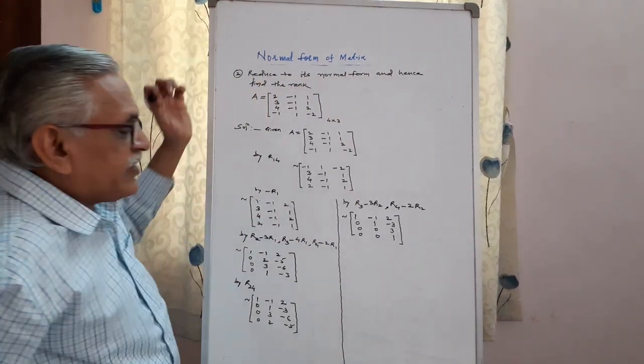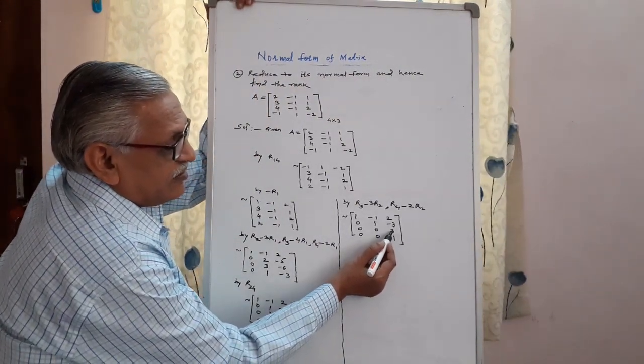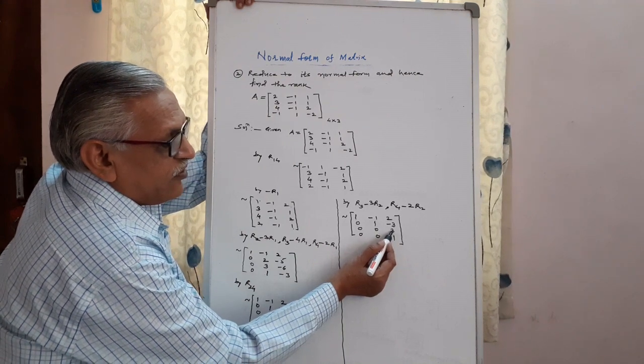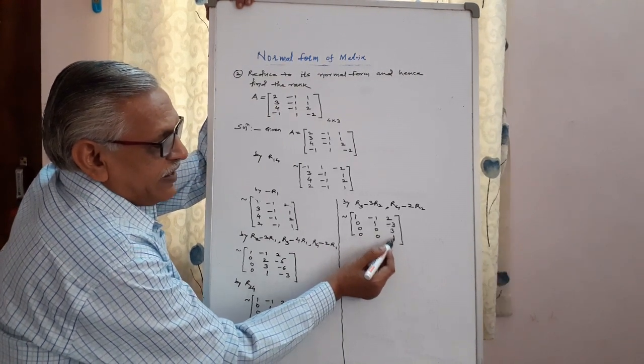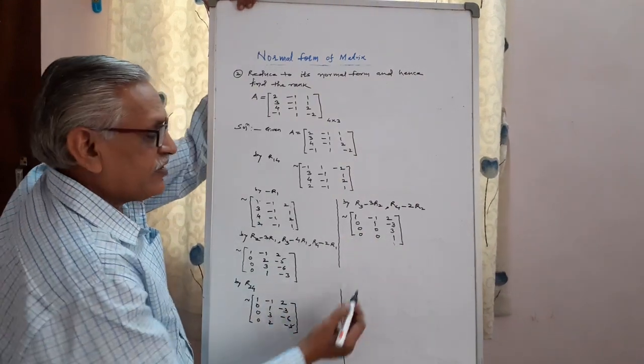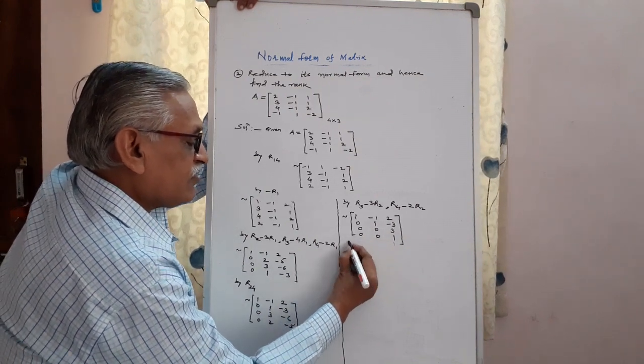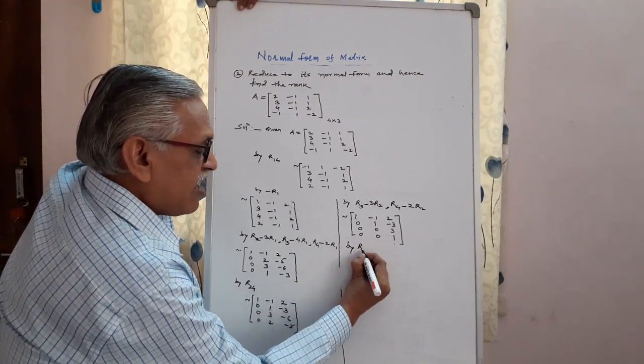Then make the third diagonal element 1, either by interchange or by multiplying this row by 1/3. Here I interchange the third and fourth rows by R34.